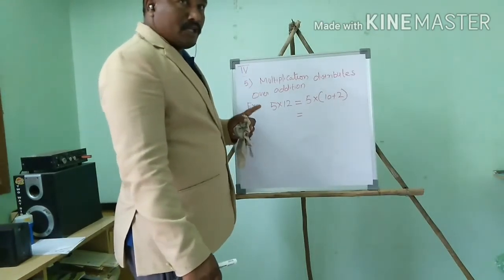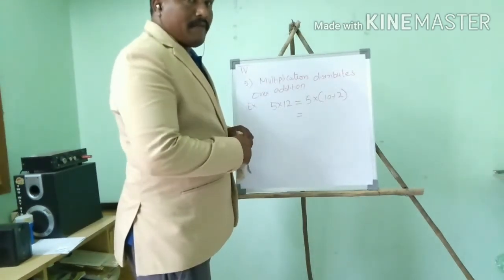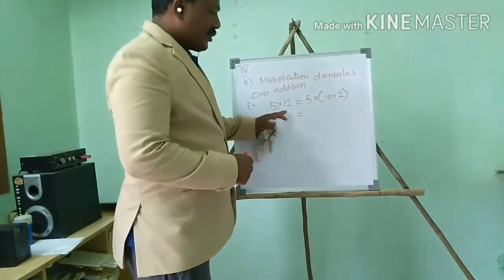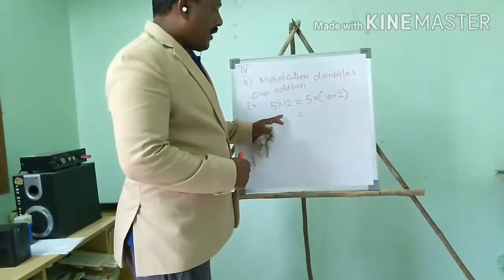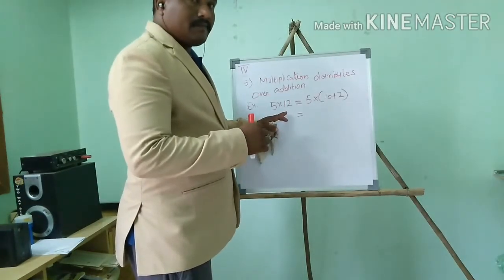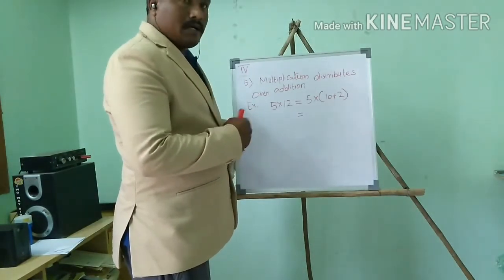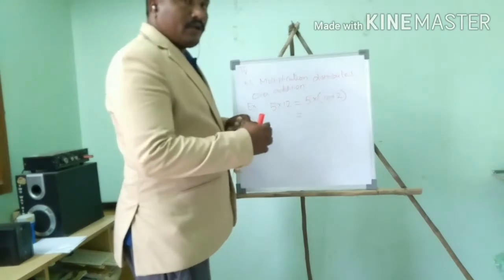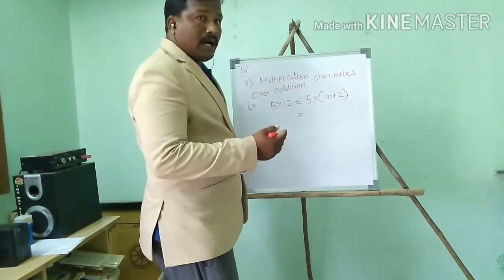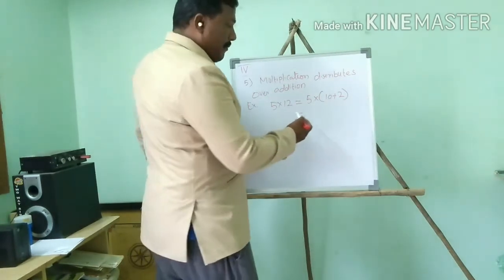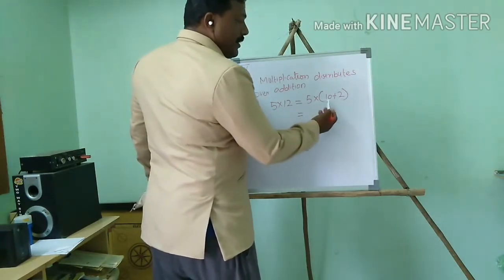Multiplication distributes over addition. Let me see an example to understand this fifth property. 5 into 12. If you want to multiply 5 by 12, it's a big number, so I am going to make it smaller so we can multiply easily. I am going to segregate the number. 12 I can make 10 plus 2.